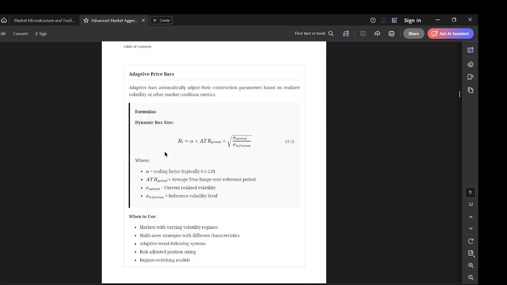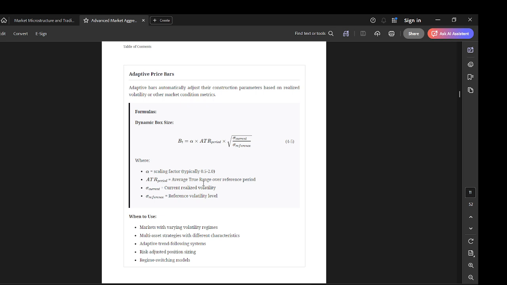Now, what is the formal description of an adaptive price bar? Adaptive price bars automatically adjust their construction parameters based on realized volatility or other market condition metrics. The formula: dynamic bar size, B sub T equals alpha, our scaling factor, times ATR sub period times the square root of the standard deviation of the current divided by the standard deviation of the reference, where alpha equals the scaling factor, typically between 0.5 and 2.